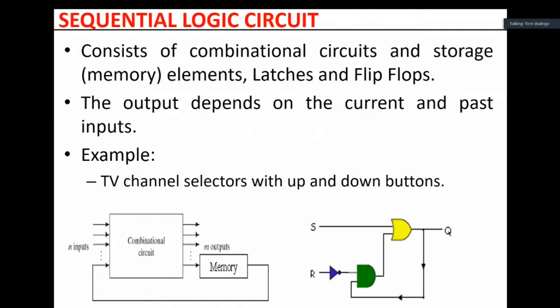What was the memory? The memory is the 200. That is the present state. Then you press up, you go to 201. So it has memory. The input is the pressing up, and the output is the next channel you go to. So that is what we are saying here.